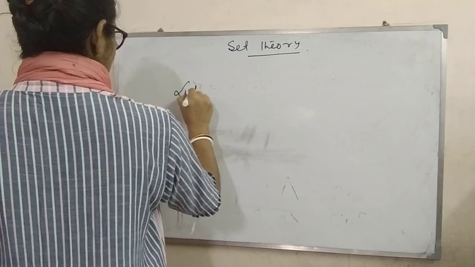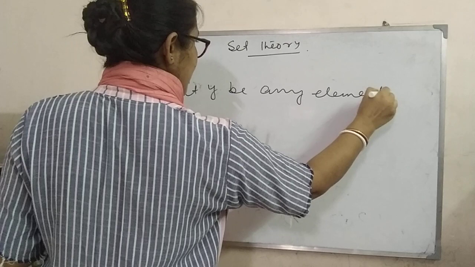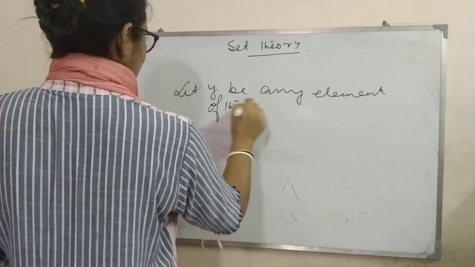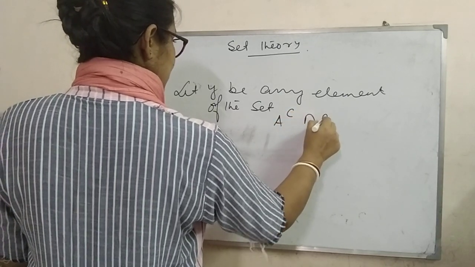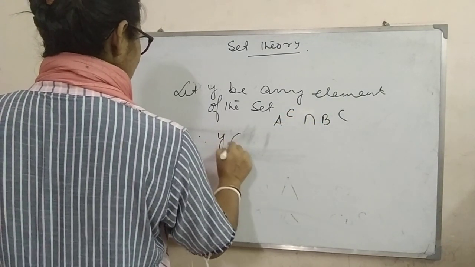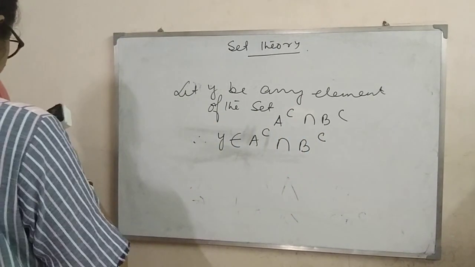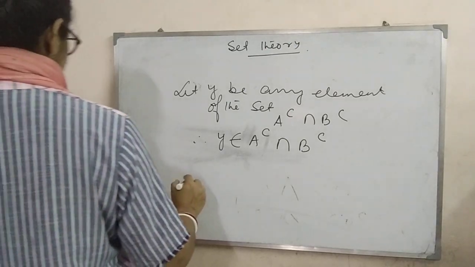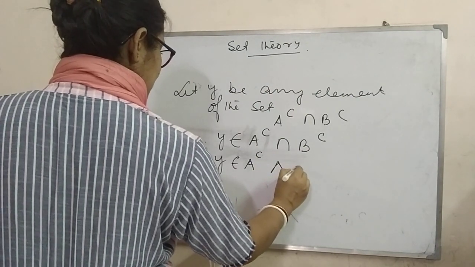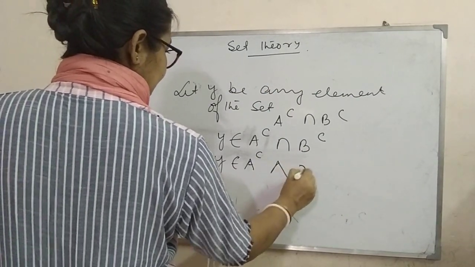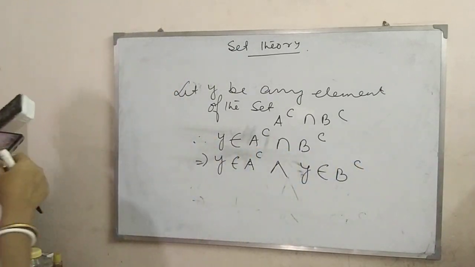let Y be any element of the set A complement intersection B complement. That means Y belongs to A complement intersection B complement. That means Y belongs to A complement and Y belongs to B complement.